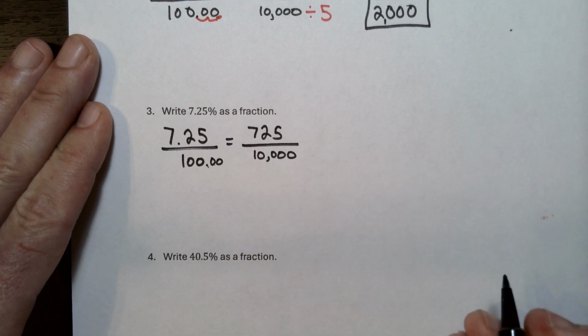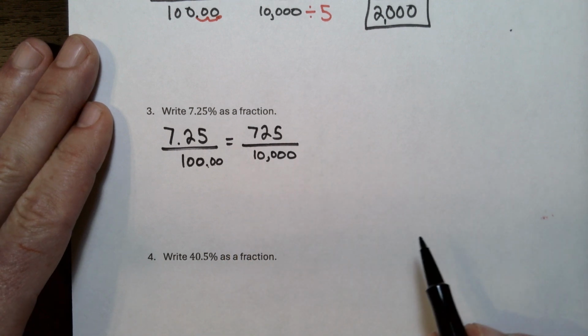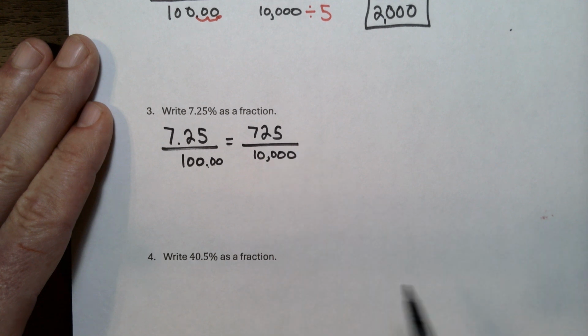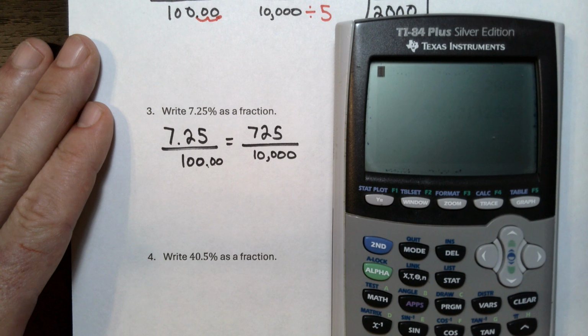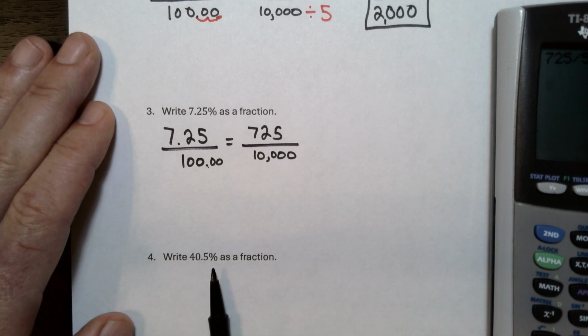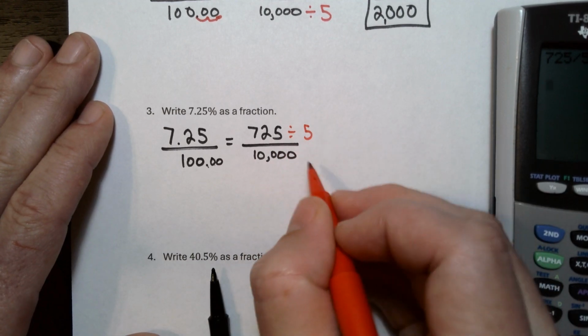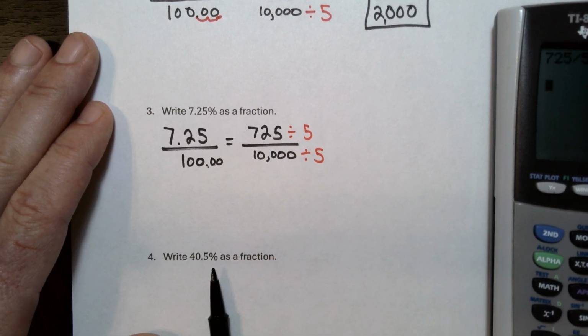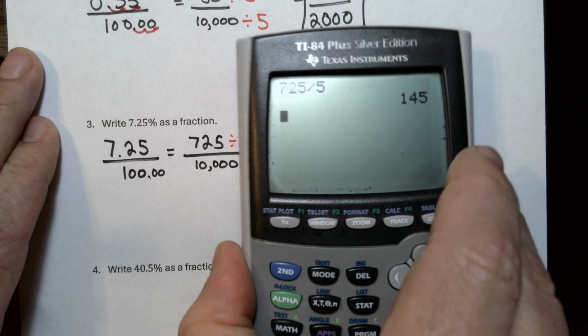Okay. Looks like this is another one that 5 will go into twice, or 25 will go into. So let's divide by 25. I'm just going to do this one in the calculator. 725 divided by 5 gives you 145. I forgot to do the little divide by 5 here. Okay, so that equals 145 on top.